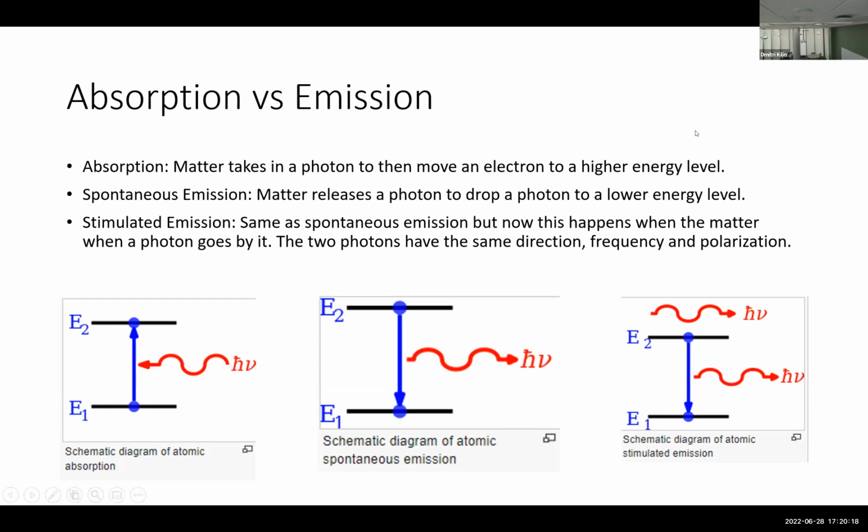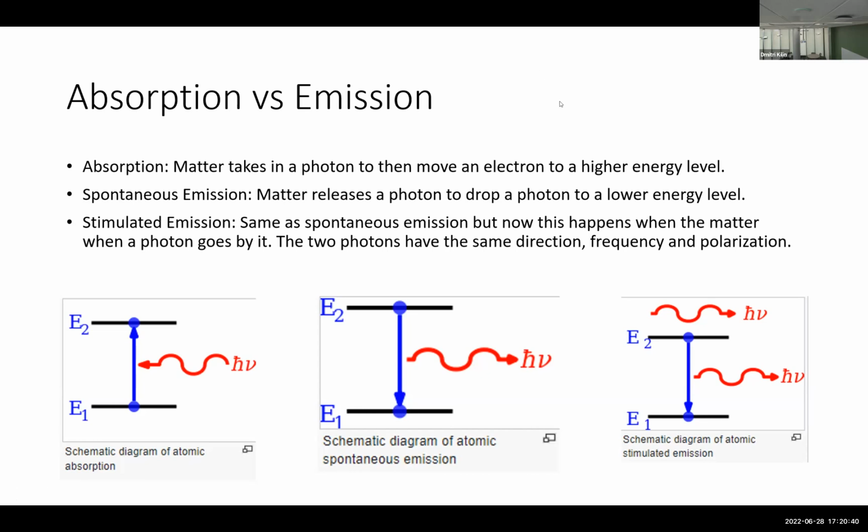And we can see here that our photon is labeled as h nu, or h bar nu, where h bar is h over 2 pi, and nu is our frequency. And then in our last part, we can see that we have a photon going by it, and then we're emitting another photon.